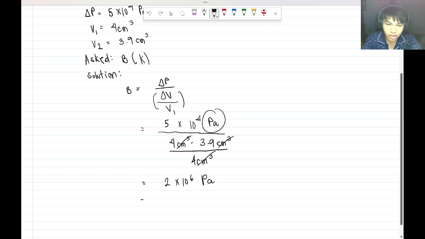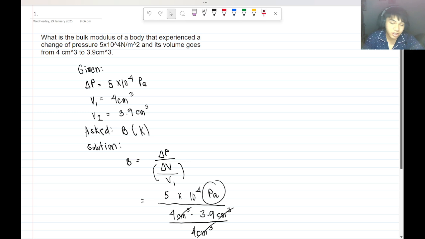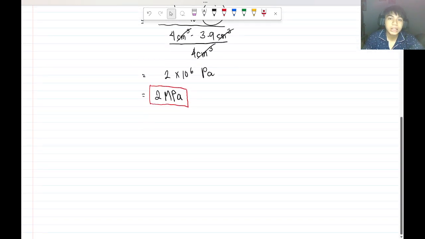That would be 2 megapascals, since there is 1 million pascals in a megapascal. Since this is the simpler answer, this will be our final answer. So the bulk modulus of this body is 2 megapascals.